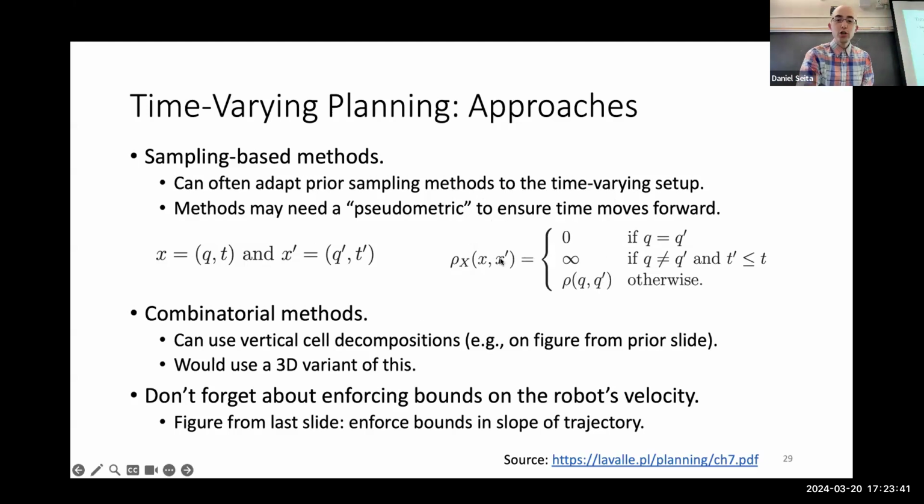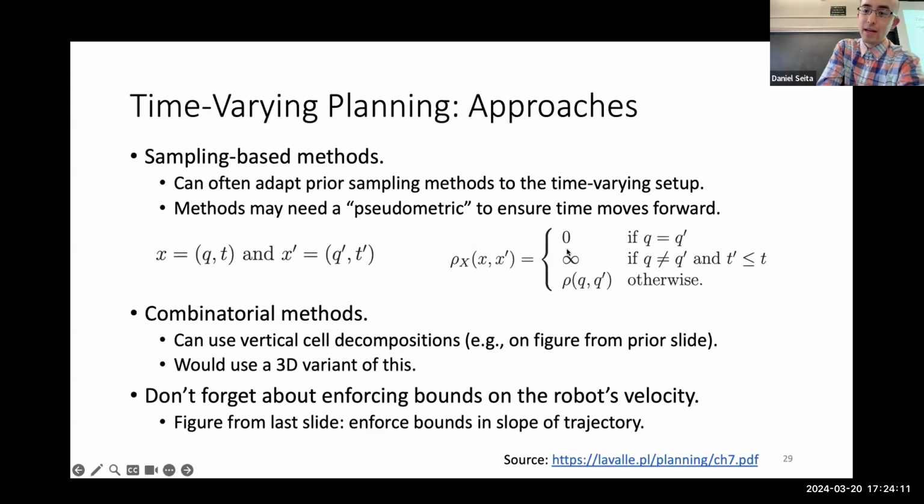Now you just augment it with rho of X and X prime, and it'll be 0, so it's like no cost if your two configurations are the same, if it's referring to the same configuration in some sense.